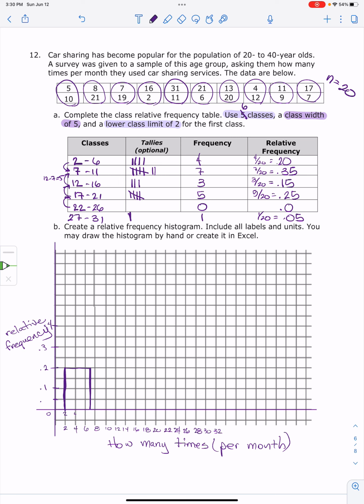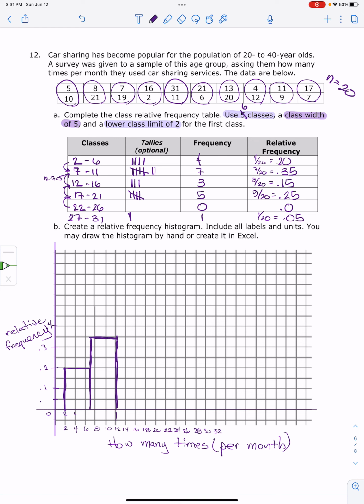There's my 20%. 7 to 12 is 35%. So my 7 goes all the way up here. Not a straight line. To 35%.